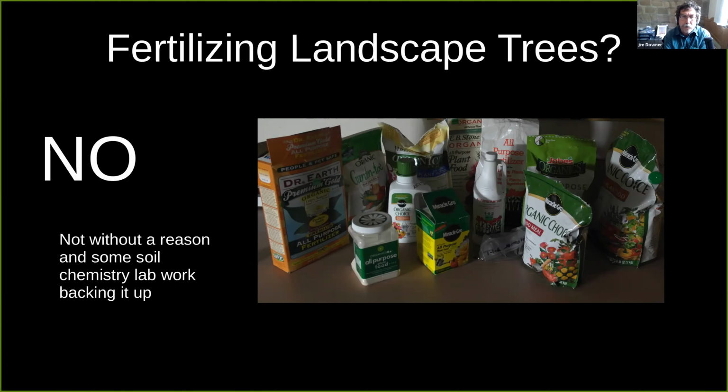Sometimes if we're growing a tree that's not adapted to the area we're growing it in, or we have a soil that is fill soil, or it's been changed, or it's somehow lacking a certain mineral nutrient, fertilization comes into play, but it has to be done from an informed perspective. And so I would say when you're fertilizing things, you have to have some knowledge behind that, not just get out a bag of all purpose and throw it down.